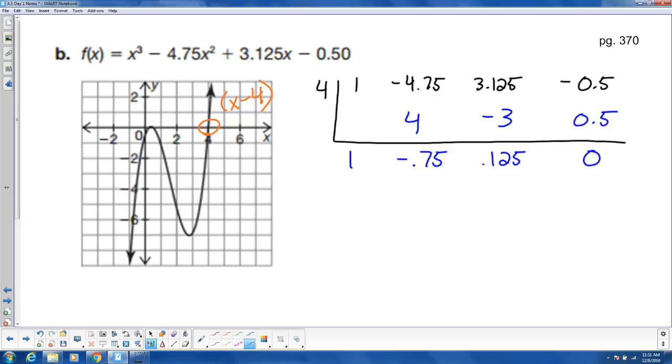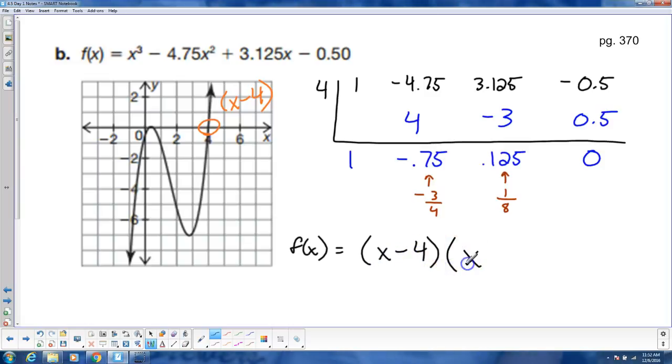Couple of side notes here. First off, this is negative 3/4. Fractions will come into play a little bit. This is 1/8, just so you know. Trust me on this. F of x here is going to be then x minus 4 times x squared minus 3/4 x plus 1/8.